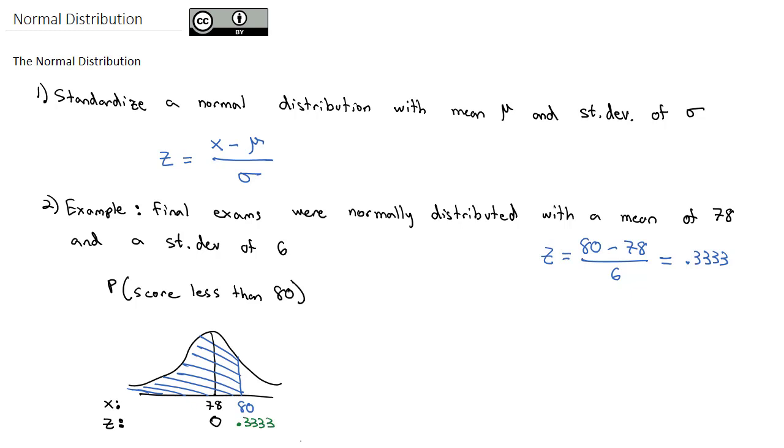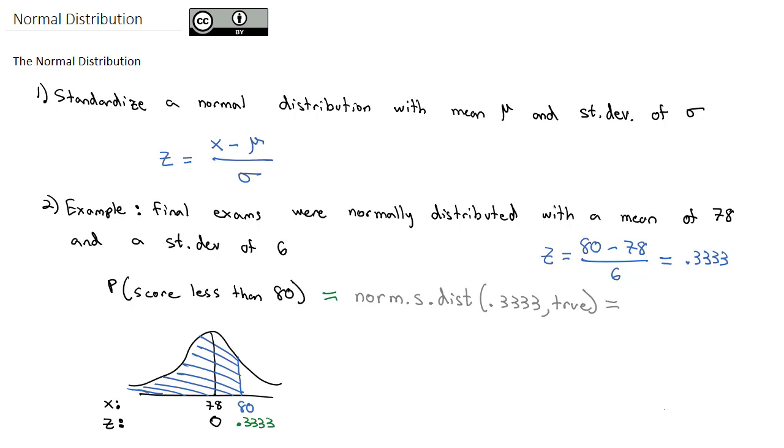So that means the corresponding z-score for 80 is 0.3333. Now that we know the z-score, we want the area to the left. We know on Excel we can find the area to the left using equals NORM.S.DIST, and the z value is 0.3333, and we type in TRUE.